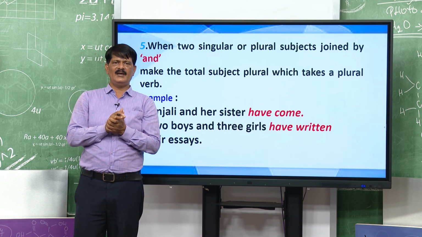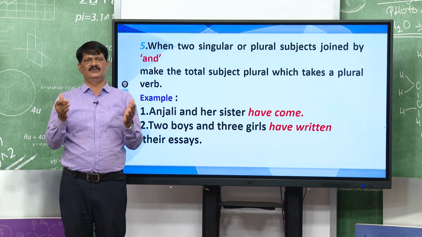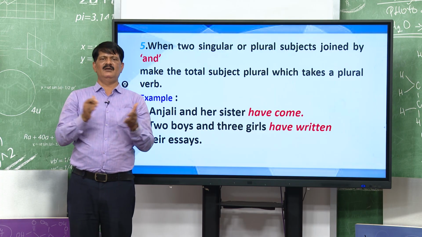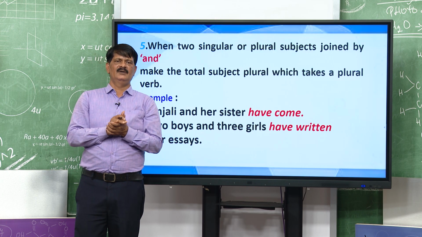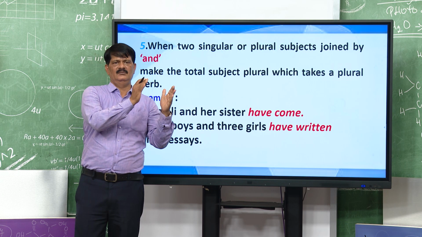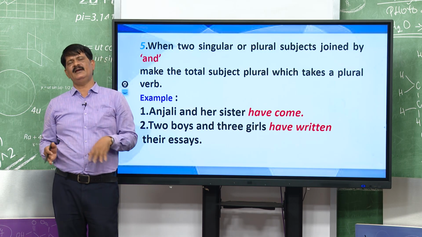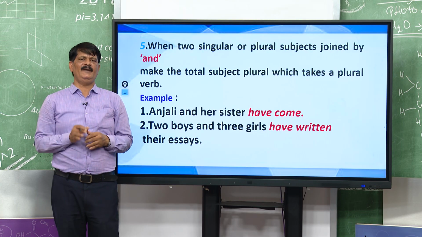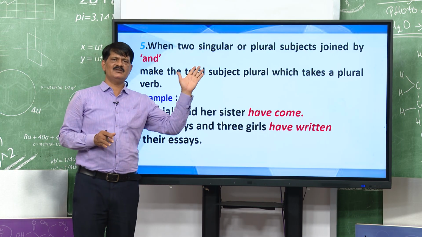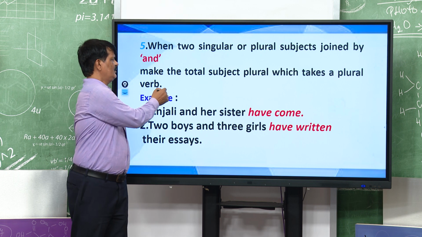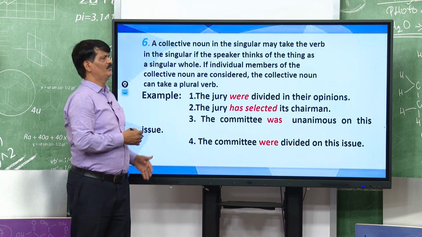So, your verb will be plural, "have come." Another, "2 boys and 3 girls have written their essays." 2 boys and also 3 girls, they are separate. So, definitely your verb will be plural. Is it clear? This is very easy, generally we use it in day to day life.